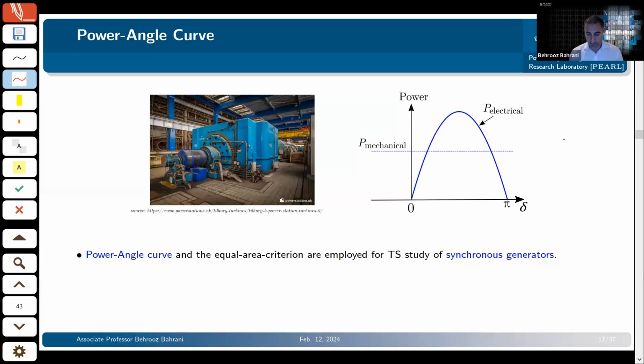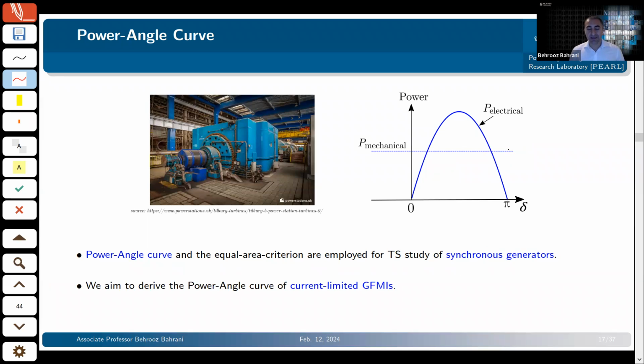Essentially, you're comparing your mechanical power with the electrical power, and there is a stable equilibrium point. If you have a fault, you might accelerate from there. This is the stable equilibrium point. And if you accelerate and reach the unstable equilibrium point, and if you go beyond it, then your system is lost and you go to the positive feedback area and you become unstable.